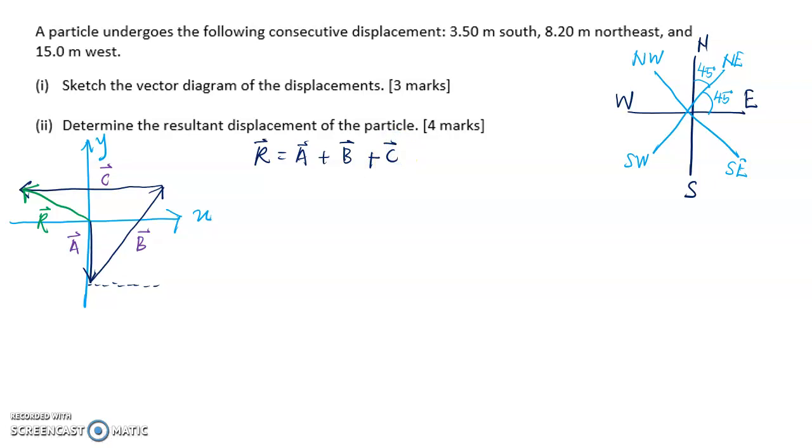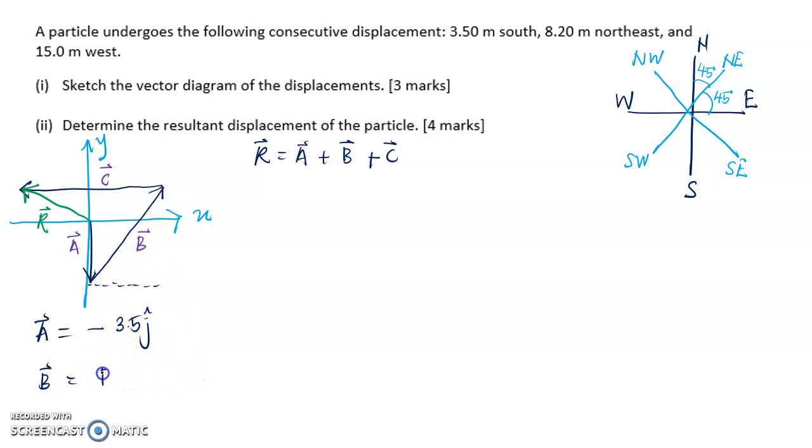Now it is important to convert this information into vectors. For the first one, vector A, because it is 3.5 meters south, or 3.5 in the negative y direction, it is going to be equal to negative 3.5 j. Moving on to vector B, as you can see here, we have two components, component x and y.